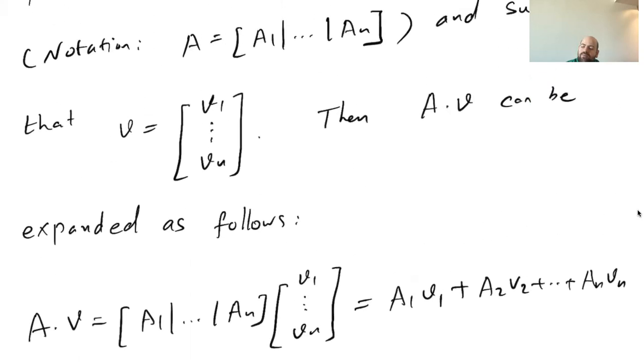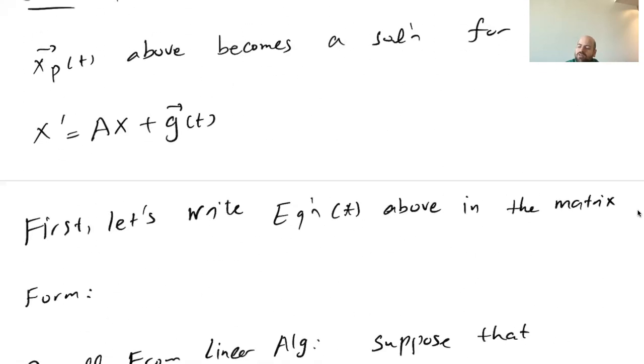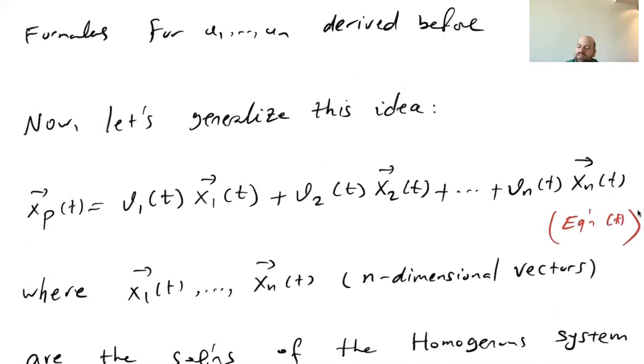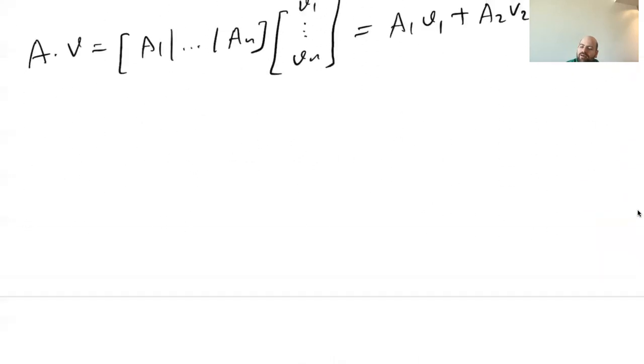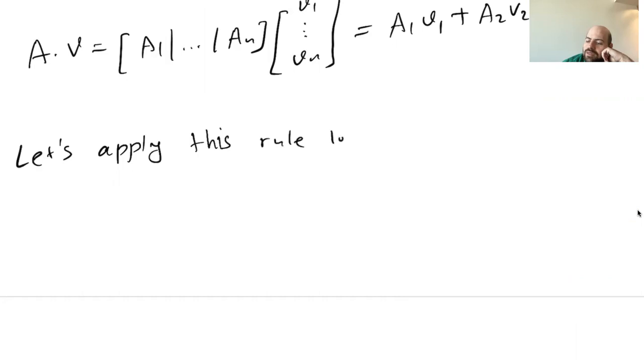So if we apply this rule to the expression we had for xp of t, how can we write the right-hand side? Now let's apply this rule to equation star above.